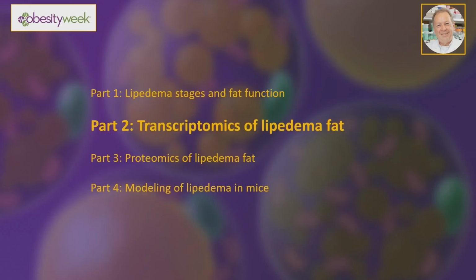Now, transcriptomic analysis of lipedema fat tissue has been undertaken in a number of different cohorts. Papers have been published, and a lot of thought has been put into that. And at this point, we are very much used to looking at omics data, whether that's transcriptomics, proteomics, metabolomics for that matter.